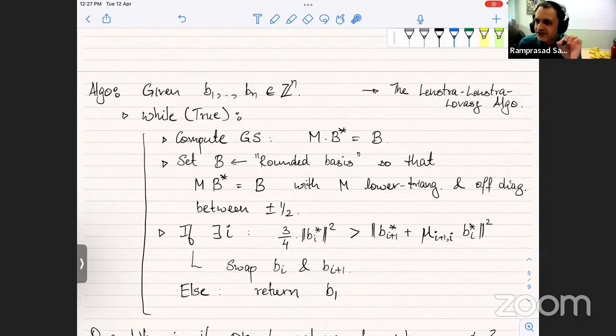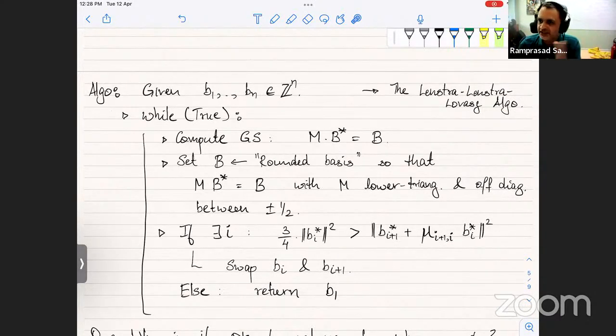But notice that the Gram-Schmidt algorithm is very order dependent. If I gave you a different order of the vectors, you might come up with a completely different Gram-Schmidt basis. And this is going to exploit that. It's basically going to figure out whether swapping is going to be helpful in some sense. And if it decides swapping is going to be helpful, it will swap and repeat the whole process again.